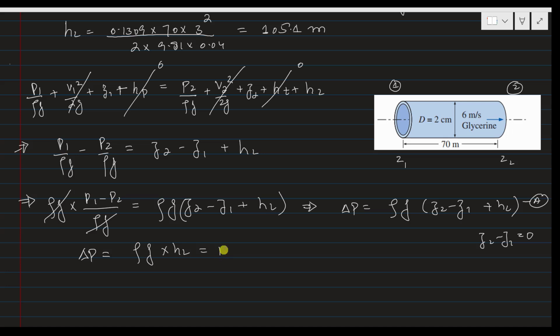That is 1252 multiplied by 9.81 multiplied by the head loss, 105.1. After simplifications you will get the pressure difference in Pascal. To convert into kilopascal, just divide by 1000. These three zeros will be cancelled out with these three zeros, so you will get the pressure difference, that is 1291 kilopascal.